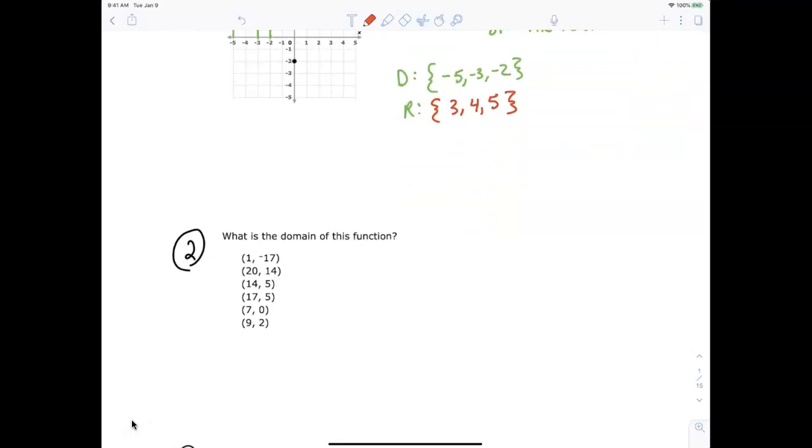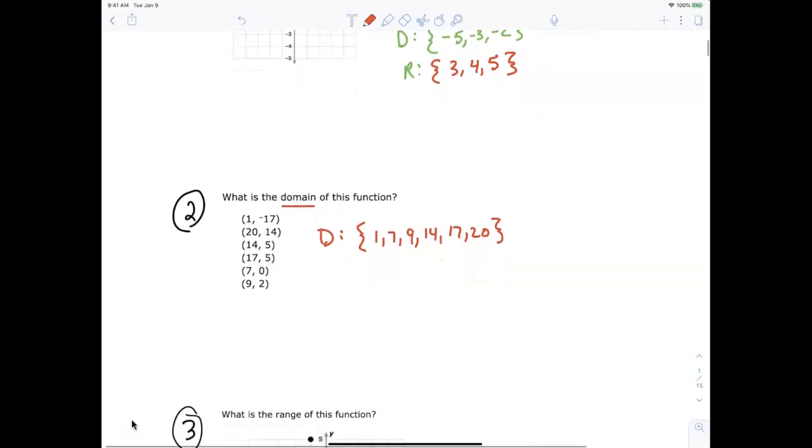Here they're just asking for the domain. So domain are just the x coordinates: 1, 7, 9, 14, 17, and 20. Notice again I just took the time to write them small to large. I noticed in the IXL they don't care what order, but generally when you're making a list, small to large.